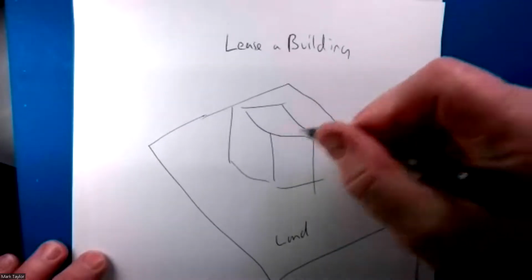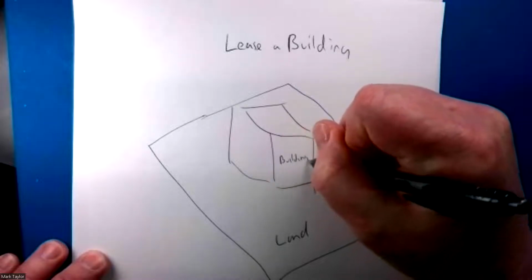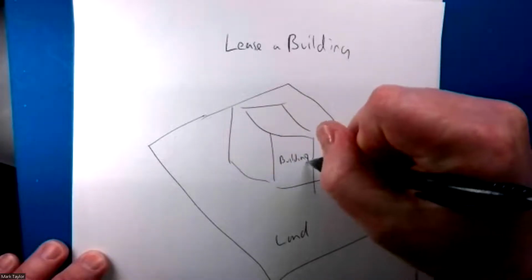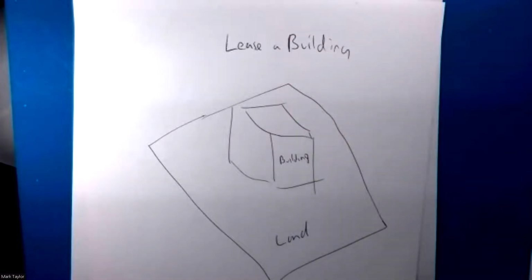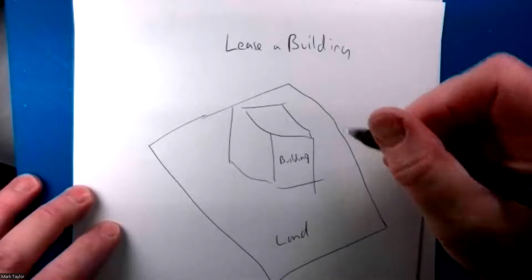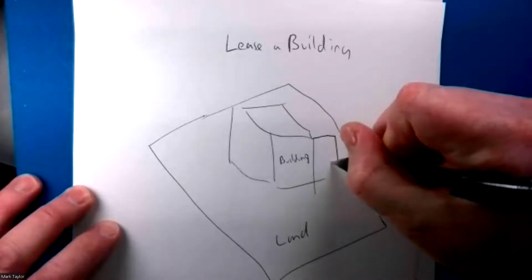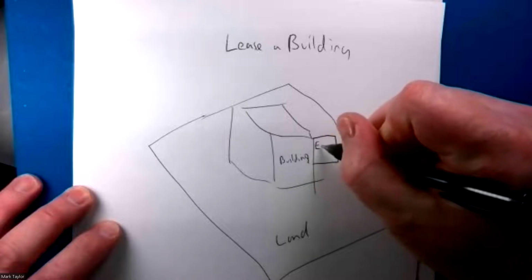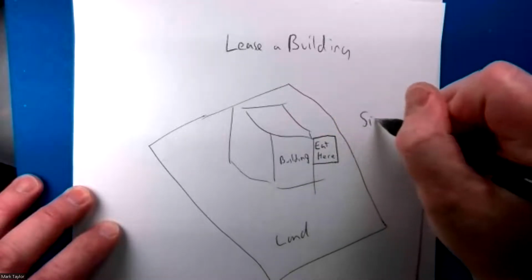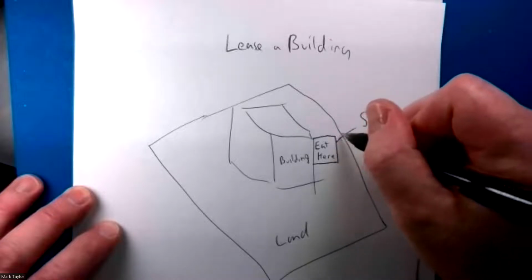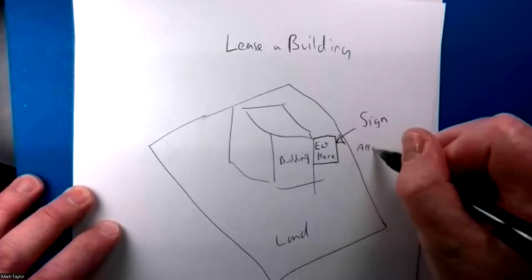Okay, so let's say you lease a building, it's got land, here's the building. And so you lease this building, and let's say that you want to get customers to show up, so you attach a sign to it. That sign is an attachment.